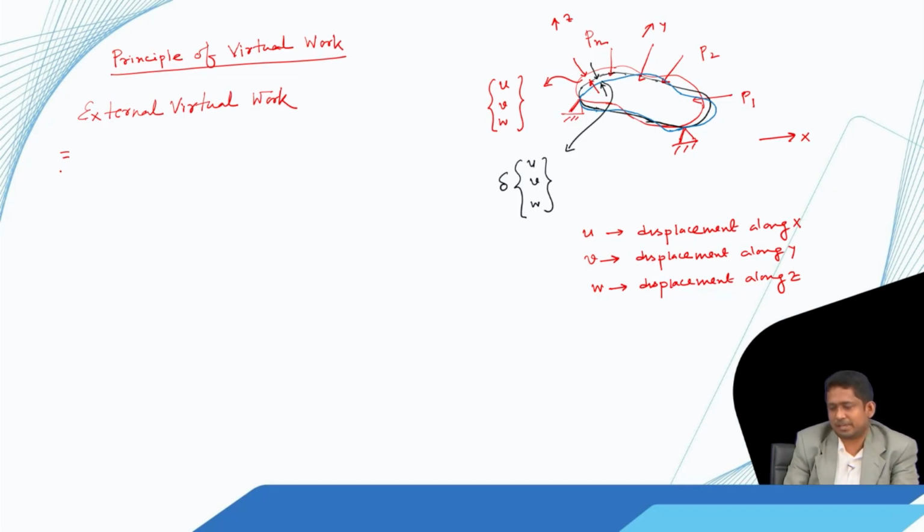So, the external force may have components x, y, z. P1x is the component of external force 1 along x direction.